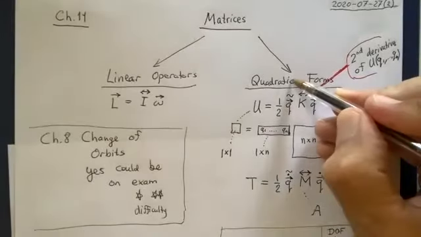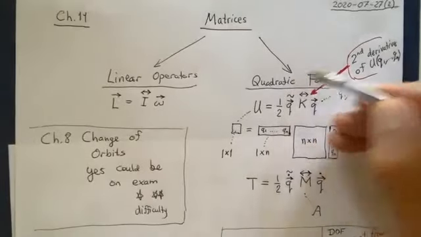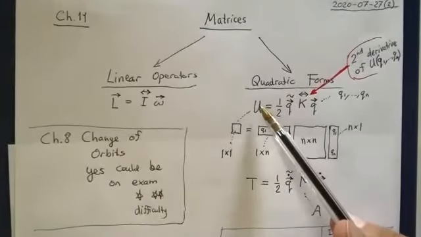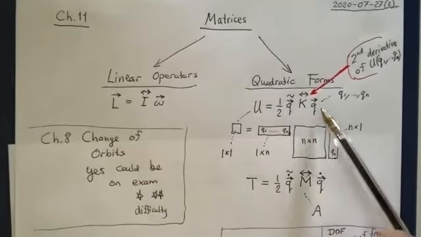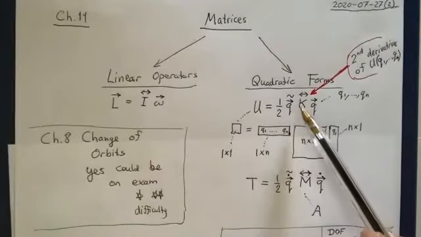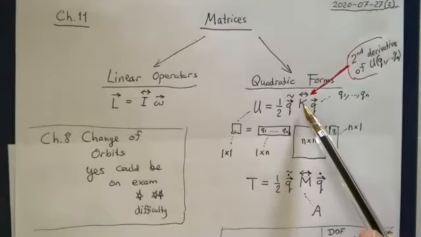So here, the notion is that of a quadratic form. This is a scalar valued function, the potential energy, and you see you have a homogeneous second order polynomial here. There's a K matrix there.